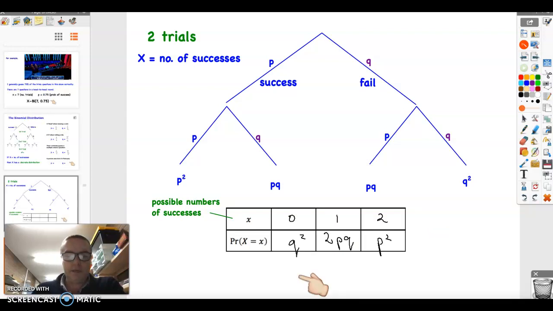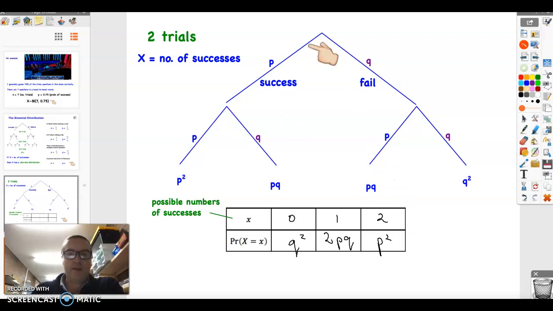It's possible that we could have no successes, where we fail twice in a row, and we would be multiplying q by itself, or squaring q. That would be the probability of this outcome. We could have 2 successes, and likewise the probability of 2 successes would be p squared.